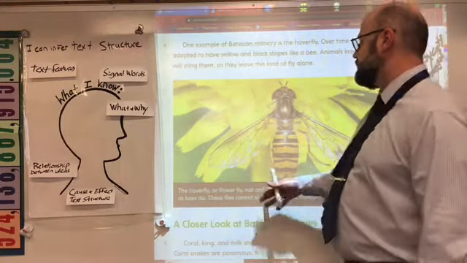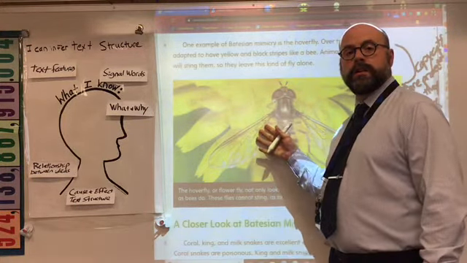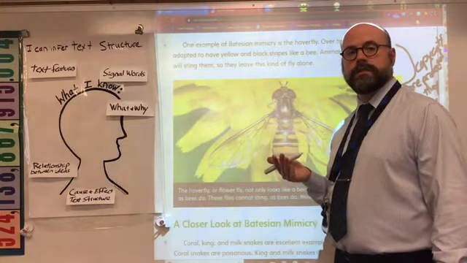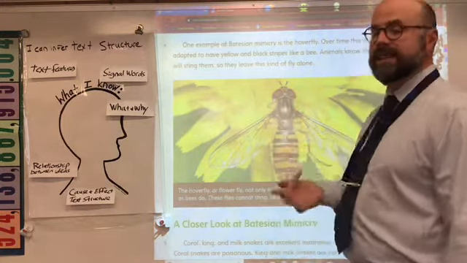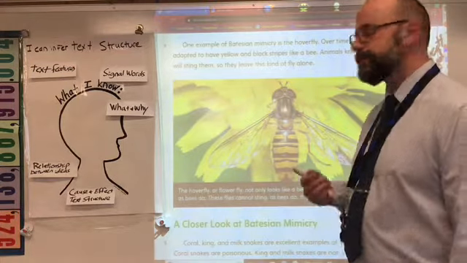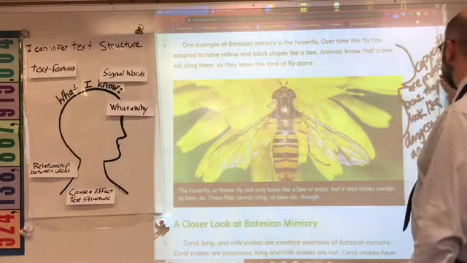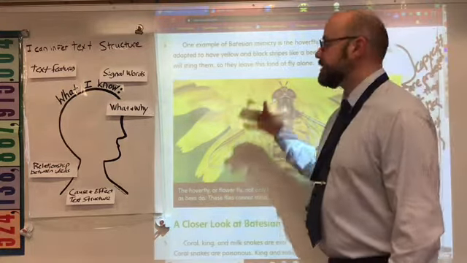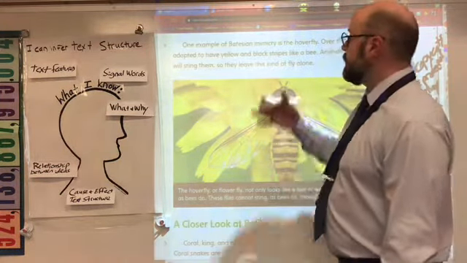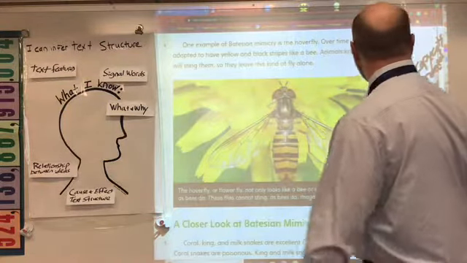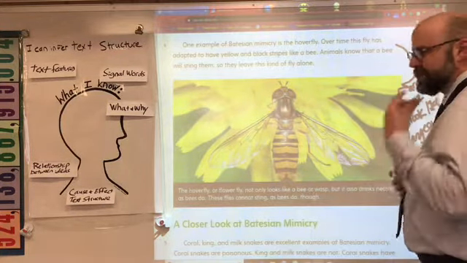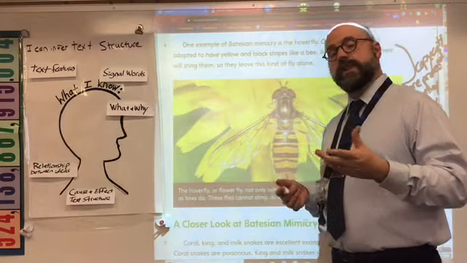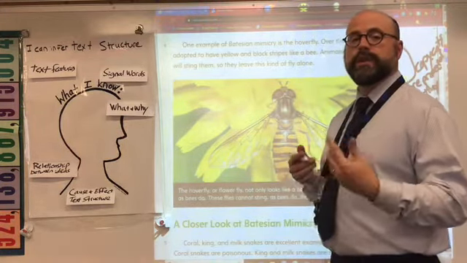Well, it's because it's an example of the copycat or the Batesian mimicry, right? They wanted to give us a concrete example of what it is. It's easier to see a picture and associate it with the idea, because we can look at that and read it and go, okay, that was about copycats, they're protected because they look like dangerous animals. They're not really dangerous, but they look like it, so other animals leave them alone.